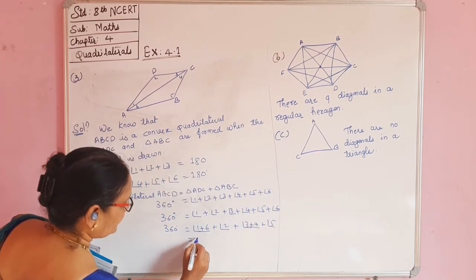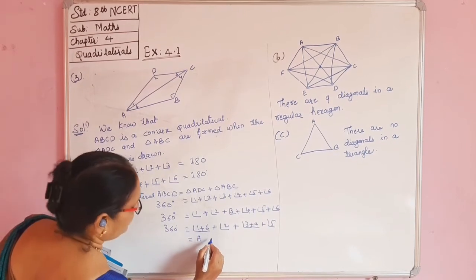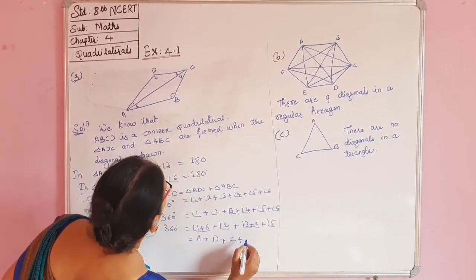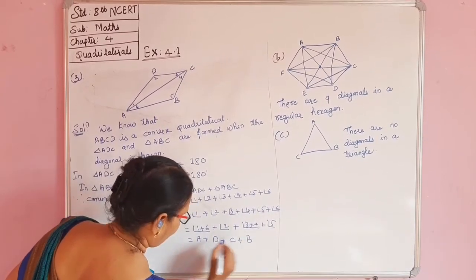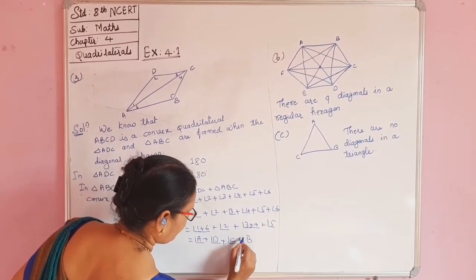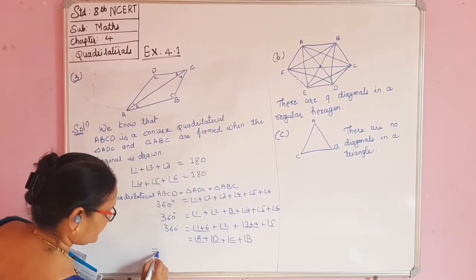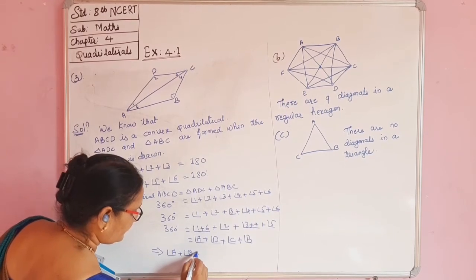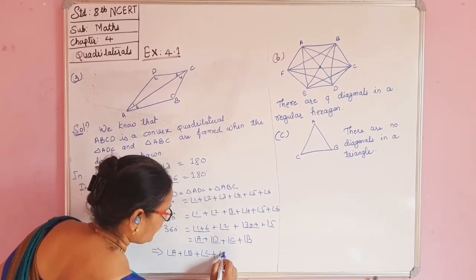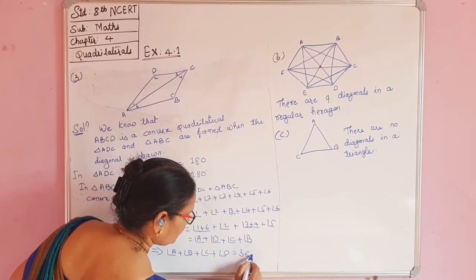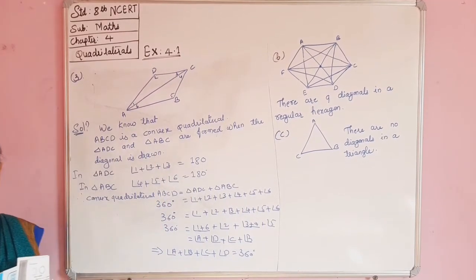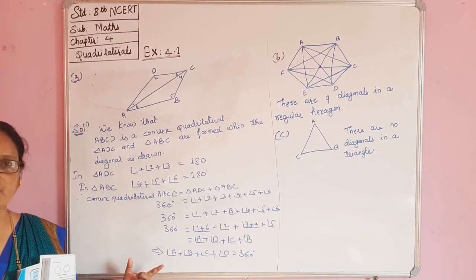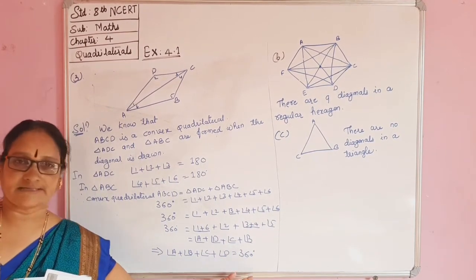So this is nothing but angle A plus angle D plus angle C plus angle B. So this implies that angle A plus angle B plus angle C plus angle D is equal to 360 degrees. So this shows that the sum of the angles of the convex quadrilateral is 360 degrees.